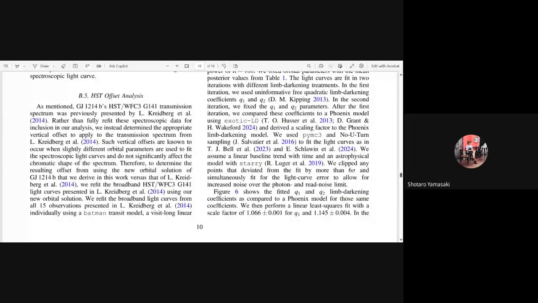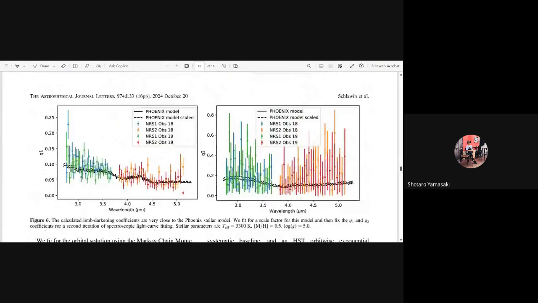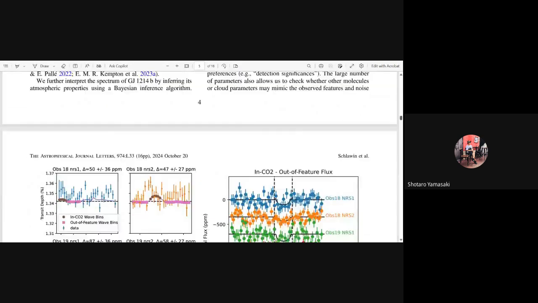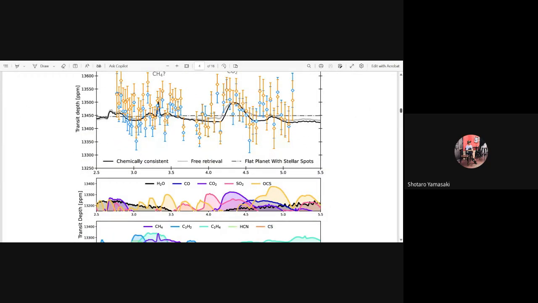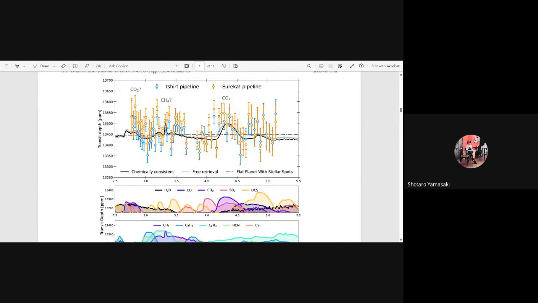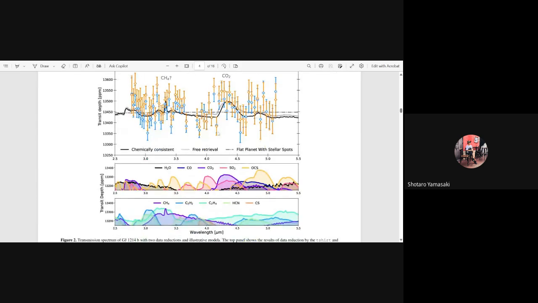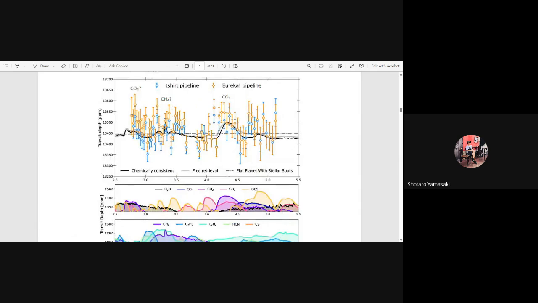Terry, can I ask a question? Yes, please. Can you go back to the main result spectrum figure? This one, right? I think the two pipelines return consistent results, just with some systematic offset. My question is about the methane line and also the CO2 line at the smaller wavelengths.